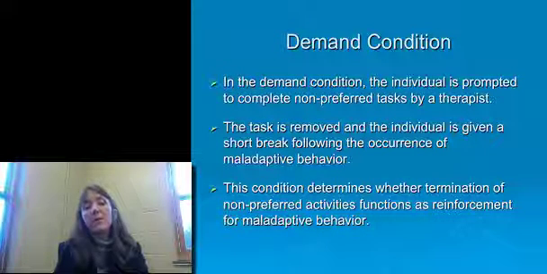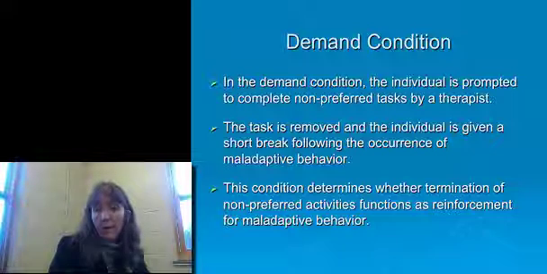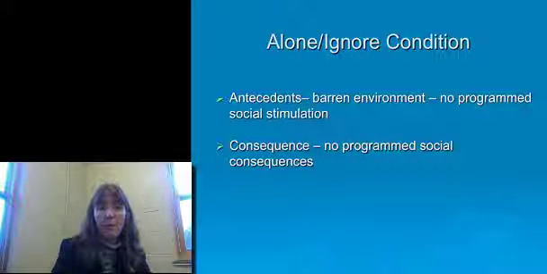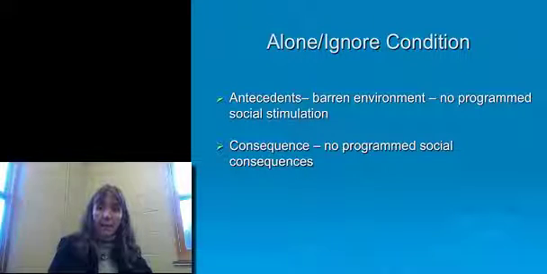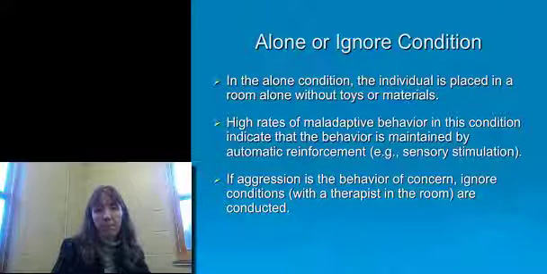So they're prompted to complete a non-preferred task. The task is removed and they're given a short break following the occurrence of a maladaptive behavior, and this helps us determine whether non-preferred activities function as reinforcement for maladaptive behavior. In the alone or ignore condition, it's a barren environment with nothing programmed into it, and we do not interact with them.